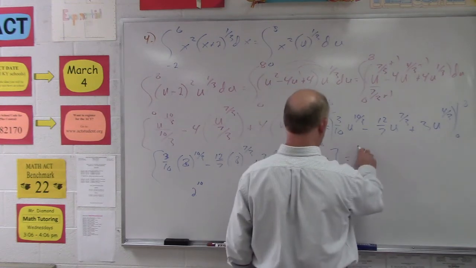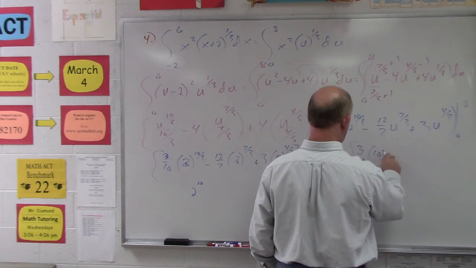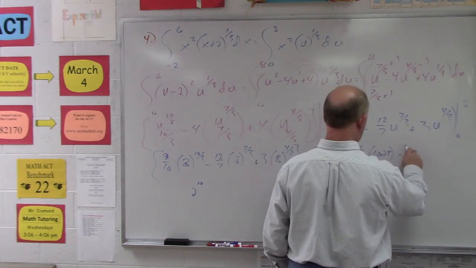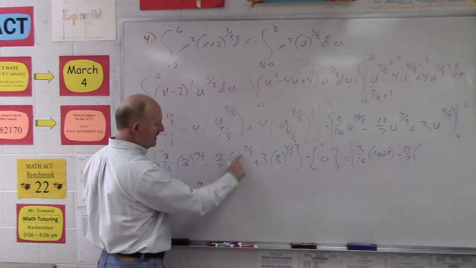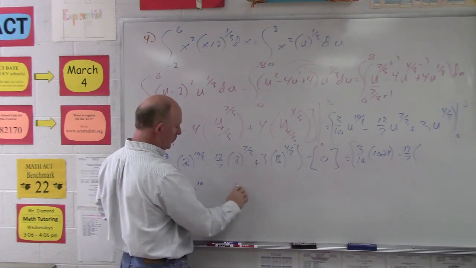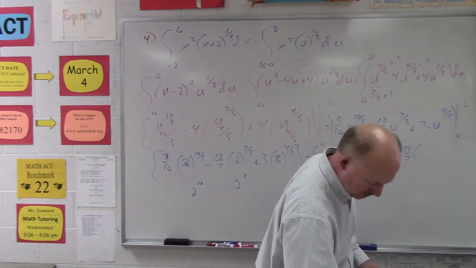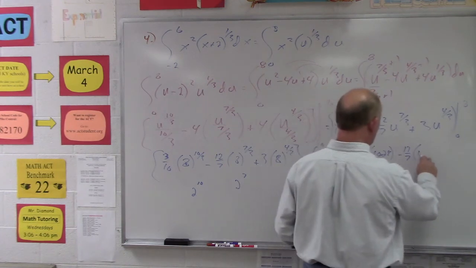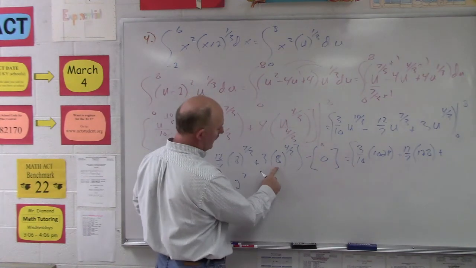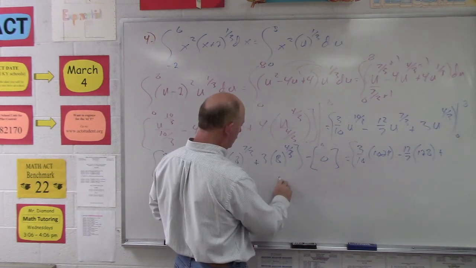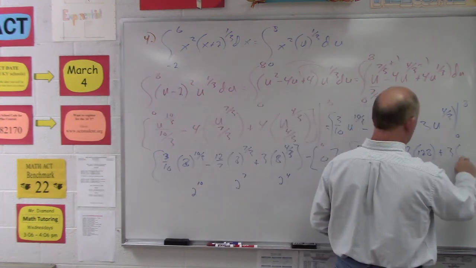So this becomes 3/10 times 1,024, minus 12/7 times 8 to the 7/3 power, which becomes 2 to the 7th power, which is 128. Plus, the cube root of 8 again is 2, so 2 to the 4th power would be 16. So this becomes 3 times 16.